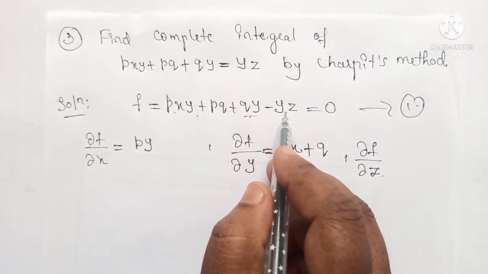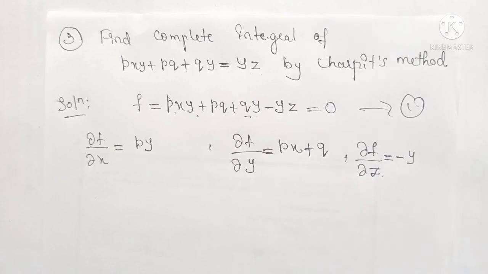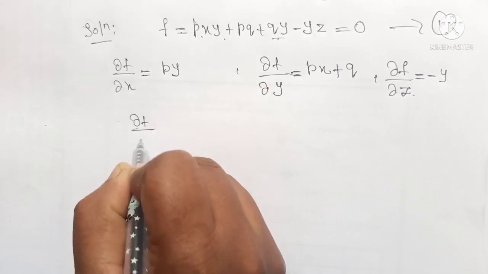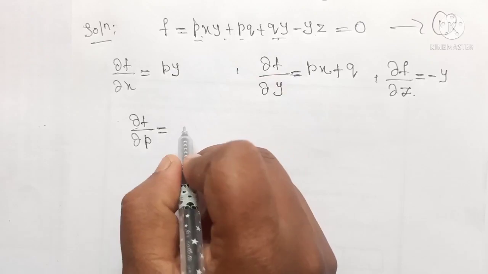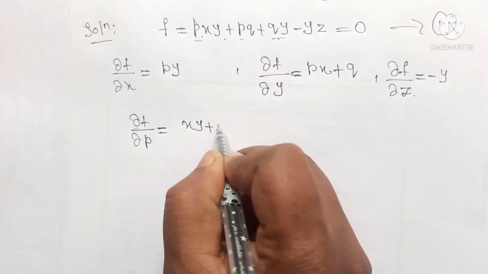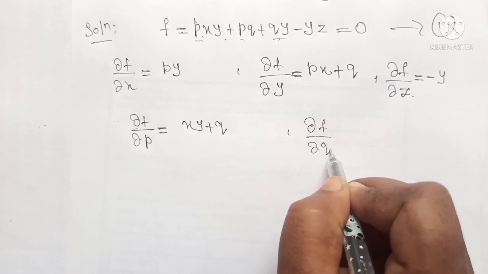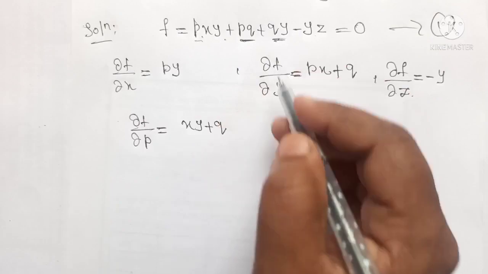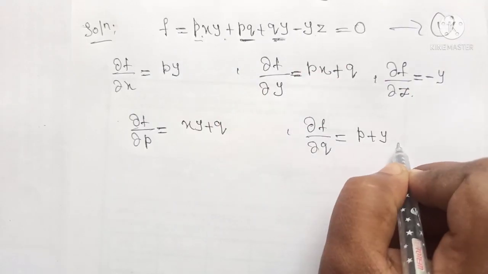Differentiating with respect to z, we get minus y. Now differentiating partially with respect to p, it contains two terms of p, therefore it is xy plus q. And again differentiating partially with respect to q, there is one term of q, and we get p plus y.